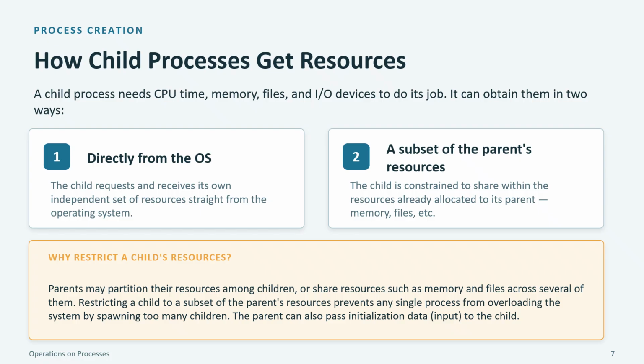If every child can freely consume system resources, the system may become overloaded. Therefore, restricting resources can help prevent a single process from creating too much resource demand. The parent can also provide initialization information or input to the child.